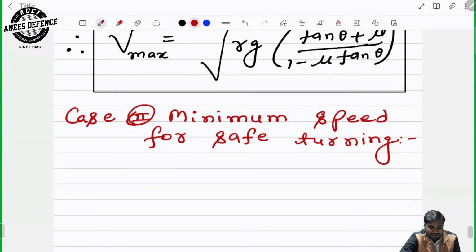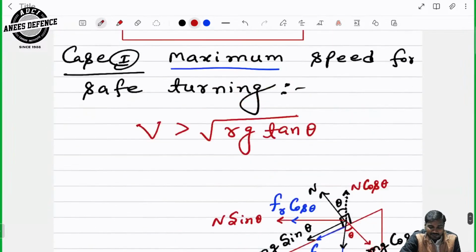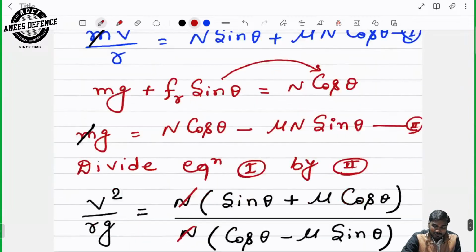Listen, minimum speed for safe turning means your safe speed should be less than root rg tan theta. Yes or no?